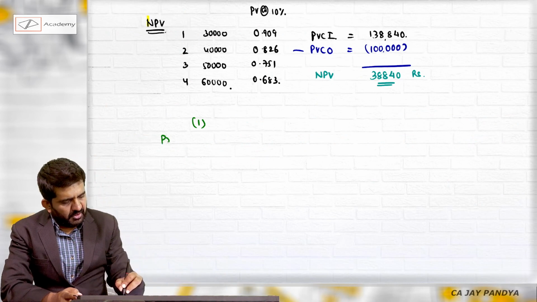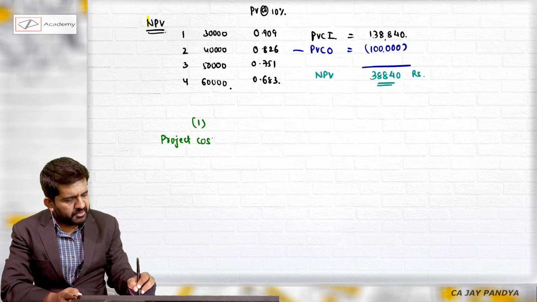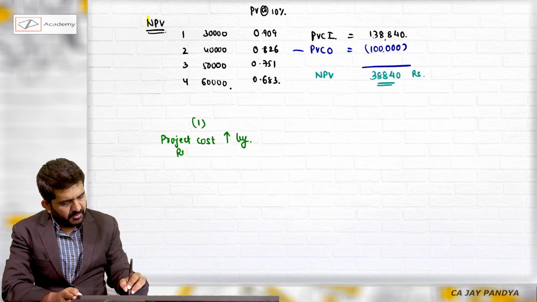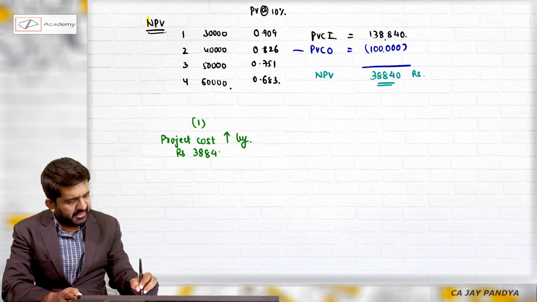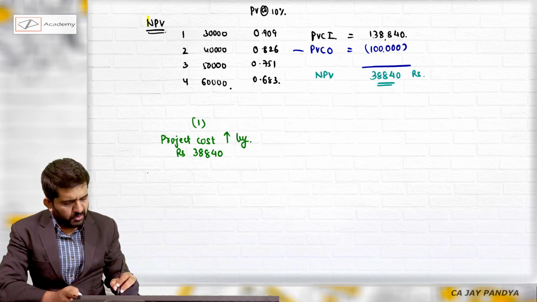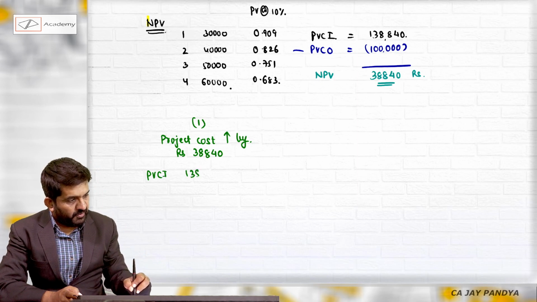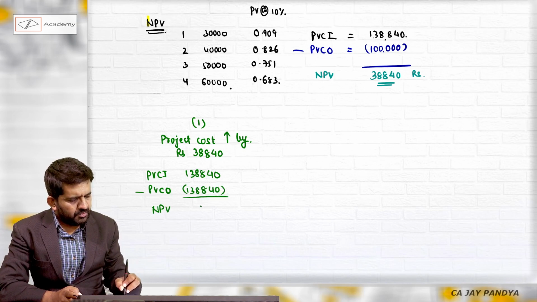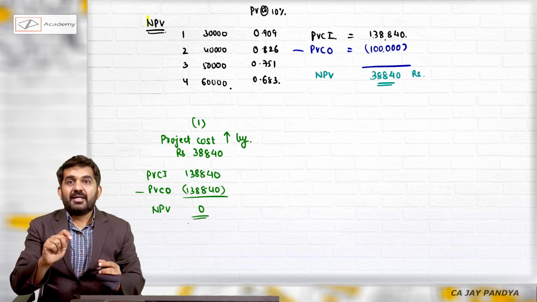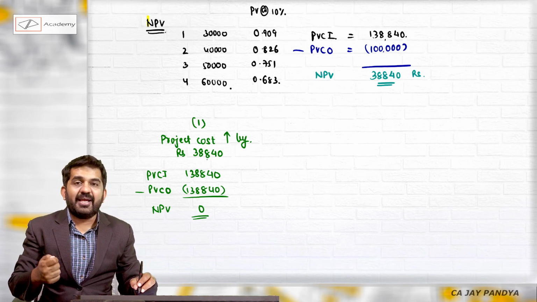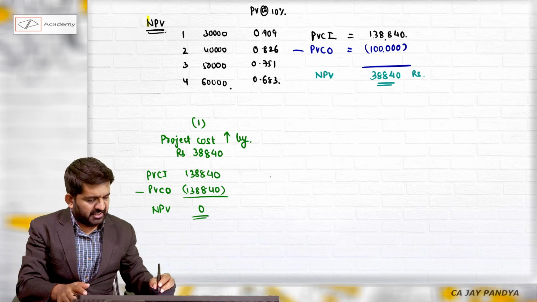Now, if the project cost increases by 38,840, then my NPV will become 0. How? Present value of cash inflow is 138,840, and present value of cash outflow will be 138,840. And so my NPV will become 0. Now, project cost increase by 38,840 is how much percentage increase?